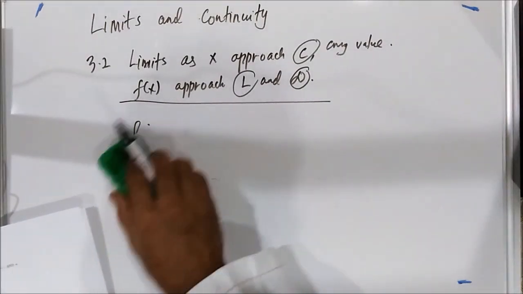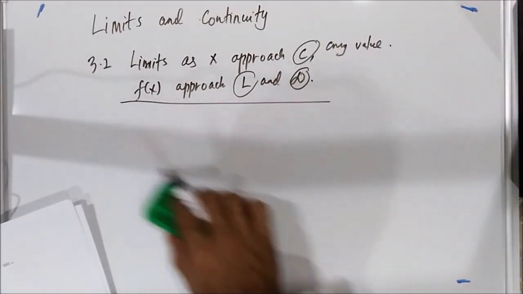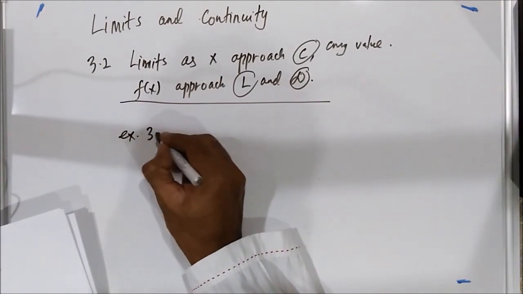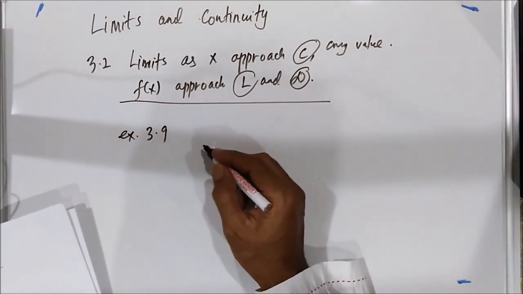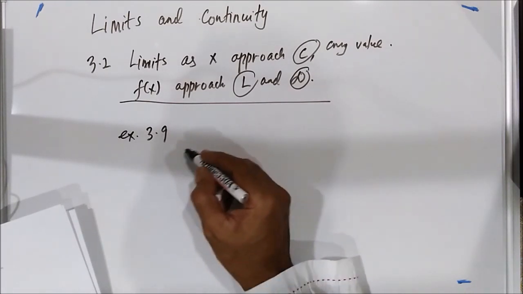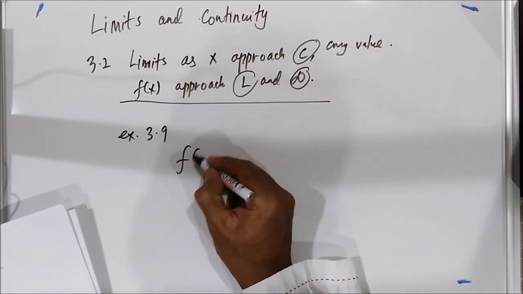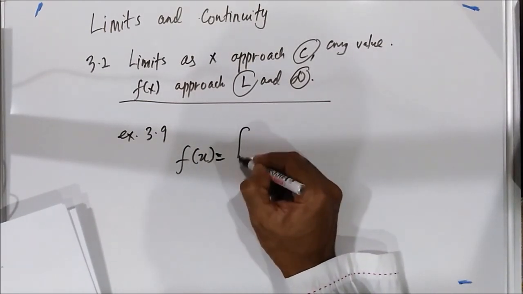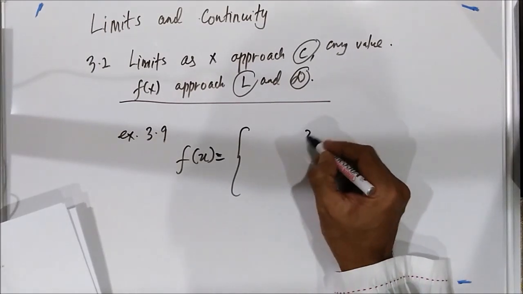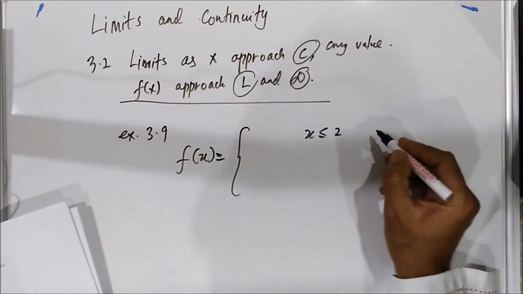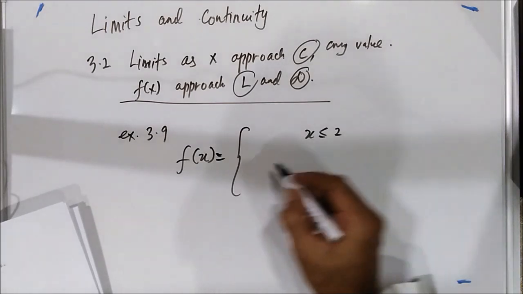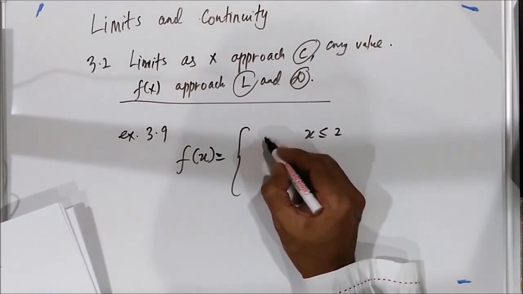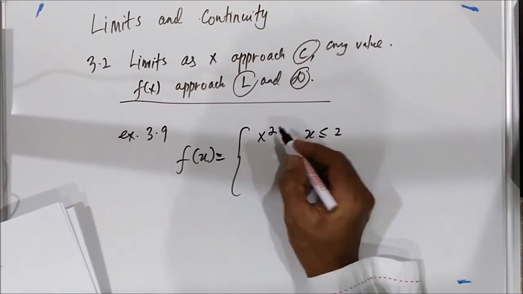Okay, look at the first example, example 3.9. Suppose the function here, we have f(x): if x is less than or equal to 2, this is what I call the negative side, then the function here is x raised to 2.